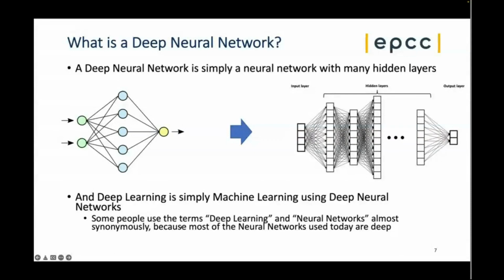So deep learning is simply machine learning using deeper networks. Some people are now using deep learning and neural networks almost synonymously, because most of the neural networks we use now are quite deep.